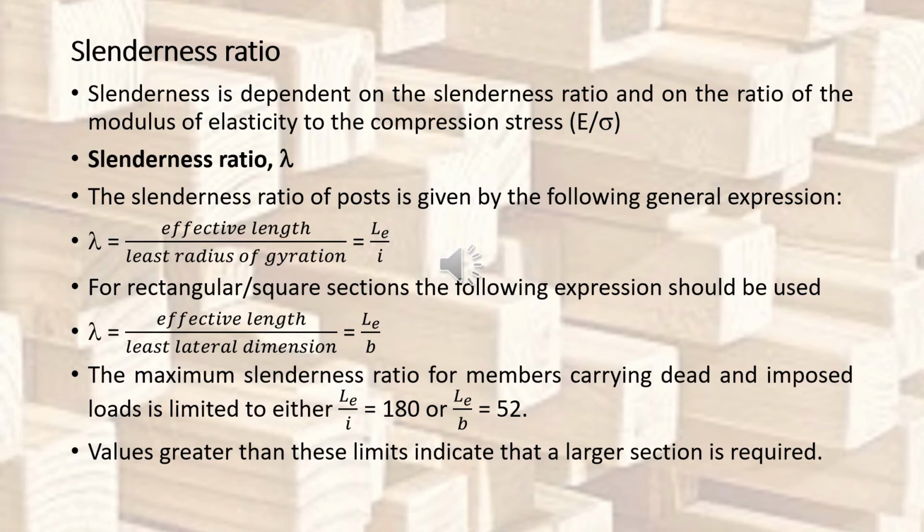That is 180 if we're using the effective length divided by the least radius of gyration, and if we're involved with rectangular or square section, then it should be limited to 52. Values greater than these limits indicate that a larger section is required. Right? So when you have values greater than that, it is indicating that you need to increase your section.